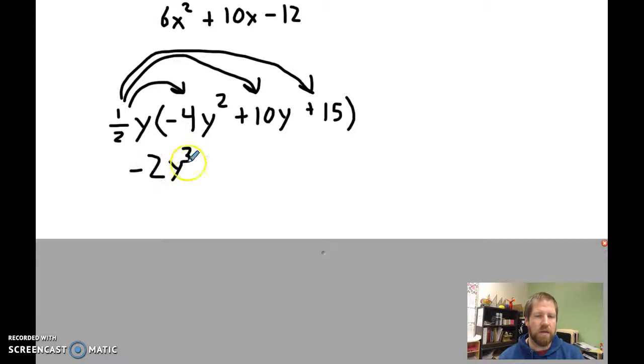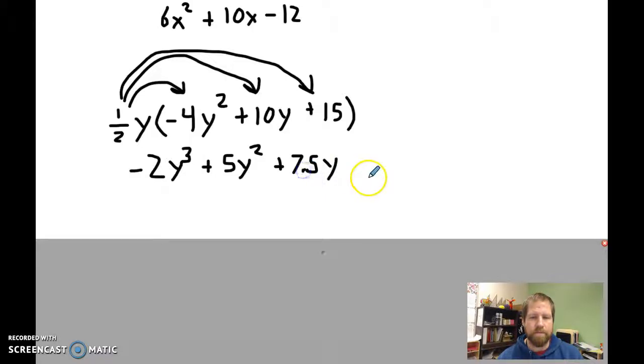And we can see the degree of this polynomial has increased. 1/2 y times 10y is going to be a positive 5y squared, and 1/2 y times 15 is going to be 7.5y.